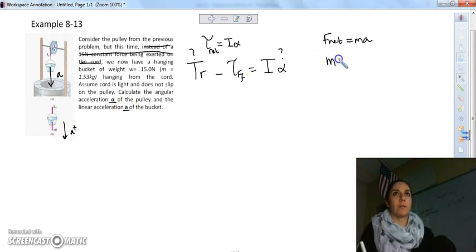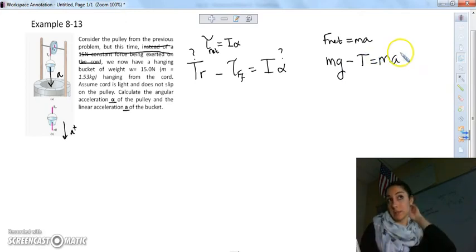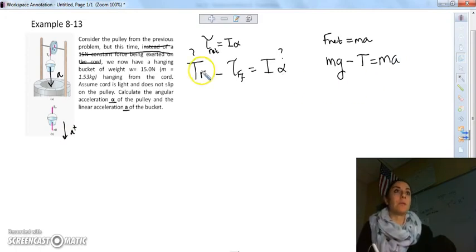We'll say the weight is pulling it down, minus the tension equals mass times acceleration A. So ultimately, when you have two unknowns, you need another equation, and what I'm going to do is take this and plug that into here. But let's write A in terms of alpha, because we want to solve for alpha. Eventually we want to solve for A, so we can go either way, but let's write it in terms of alpha. So linear A is equal to R alpha, like that.